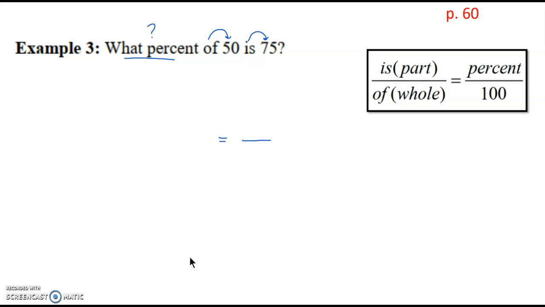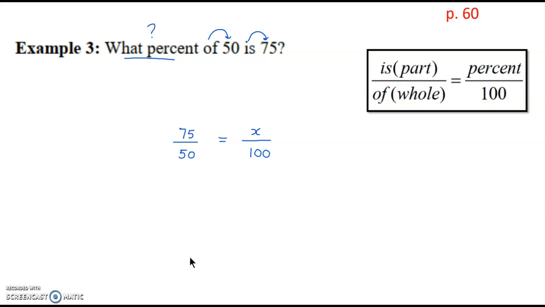We don't know the percent, that is our x. What percent? I don't know, so I'm going to put that there. And it says what percent of 50, 50 goes in the of position, is 75. 75 goes in the is position, the part.